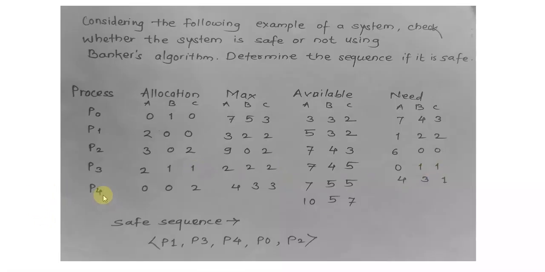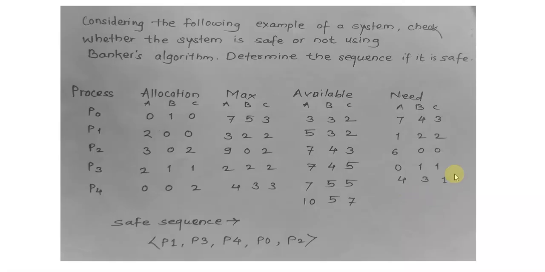Now we are going to calculate it for the last process, that is P4. The maximum need is 433 and the allocated is 002, meaning no instances of resource A and B are allocated to P4. So 4 minus 0 is 4, 3 minus 0 is 3, and 3 minus 2 is 1.